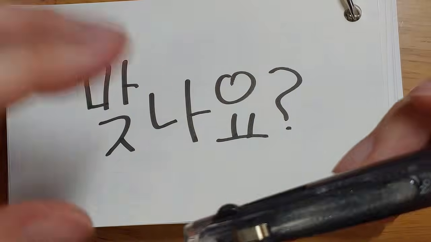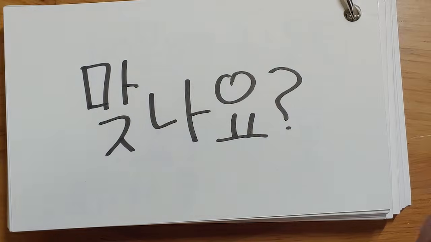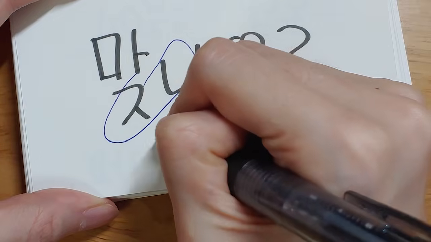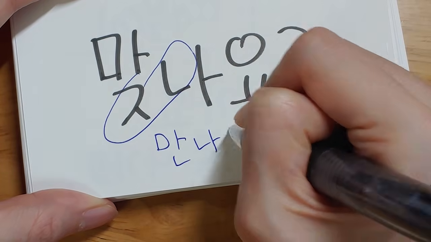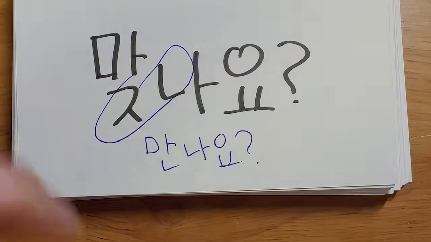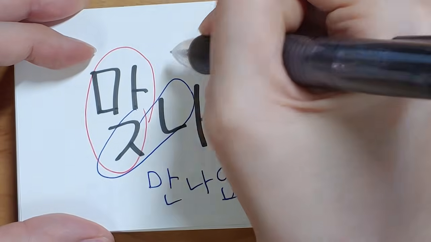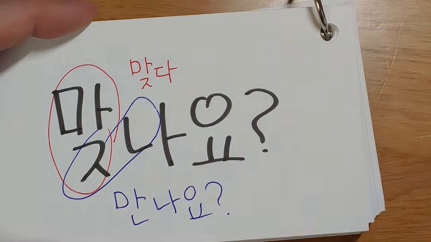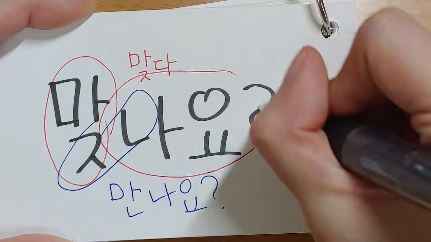And same with 지읒 받침 when it's combined with 느, 은느, right? So the same thing happens. This one is pronounced 만나요. And this one comes from the adjective 맞다, which means to be correct or to be right. And 나요 is a question ending.